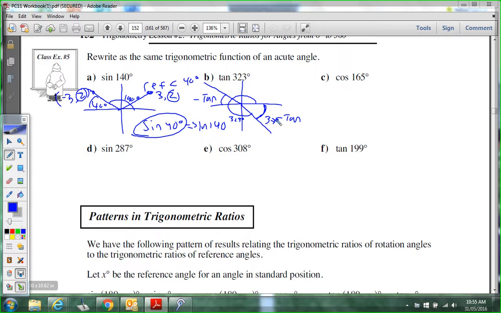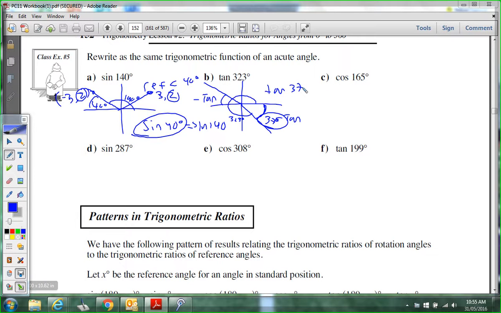You might be on track. No, not quite. Well, we actually want this angle, right? We want the 37. So I'm going to write tan of 37, but that's going to be positive, right?